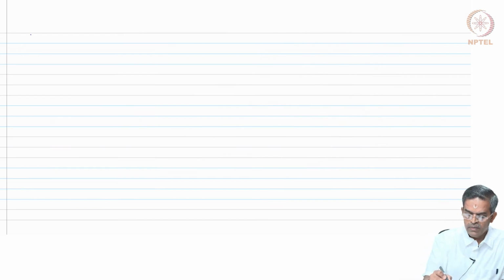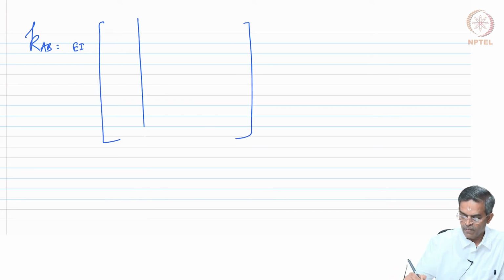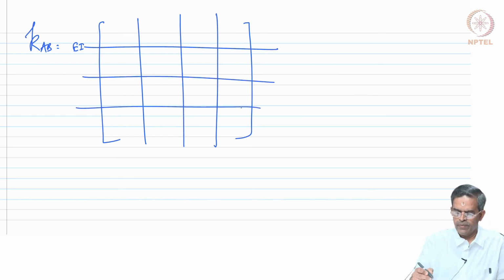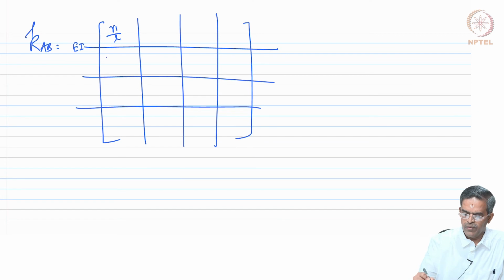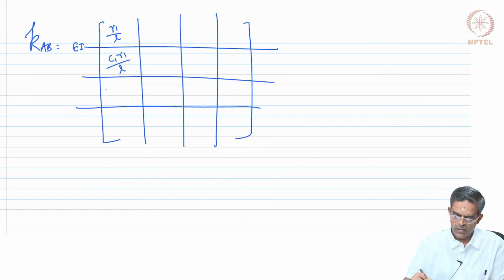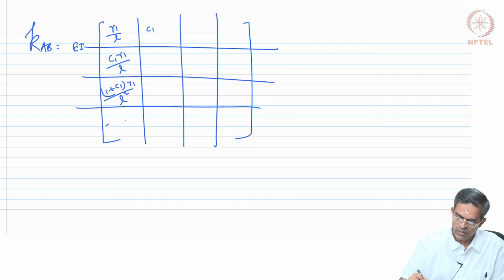Let us do that quickly. So, KAB will be E times of R1 by L, 1 plus C1, C1 R1 by L, then 1 plus C1 of R1 by L minus of this. Similarly, L square.